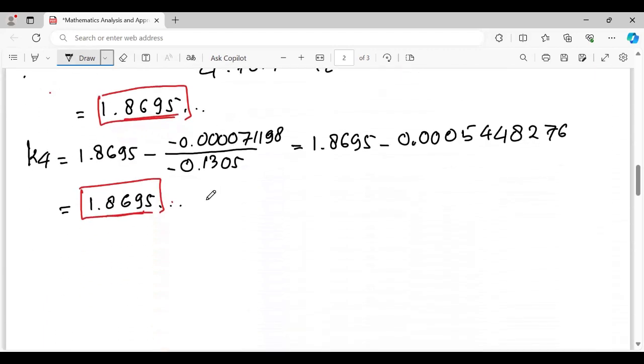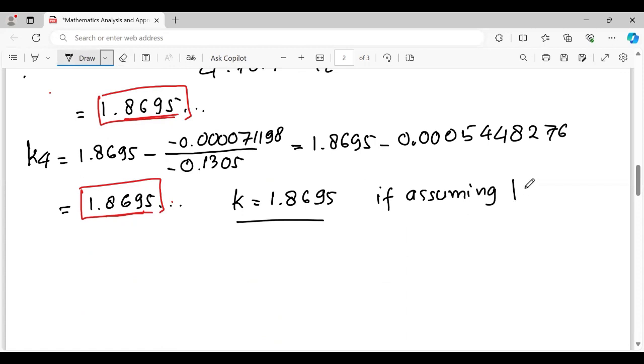So the conclusion is K equals 1.8695, assuming K0 equals 2. Now you can check assuming a different number.